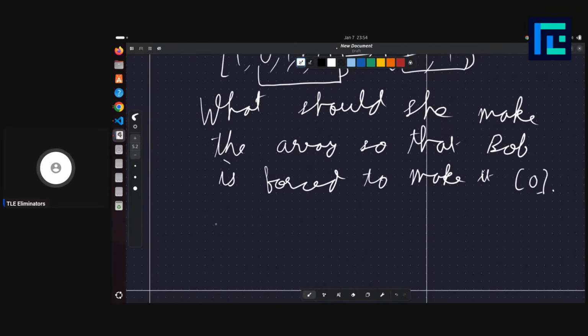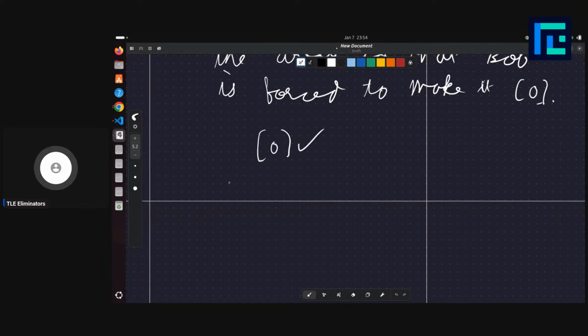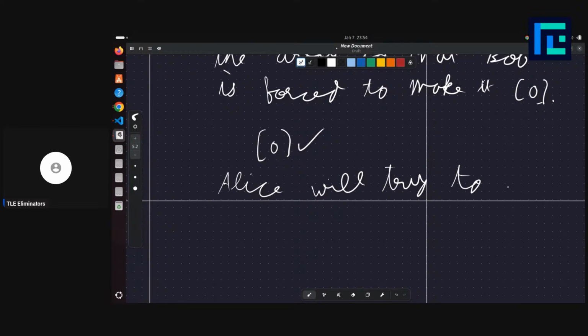So basically, what we'll try to do is Alice will try to give Bob 1 1, because Alice cannot make 0. We know that Alice can't make 0. That is out of the question. So what Alice will do now is try to make the array 1 comma 1.